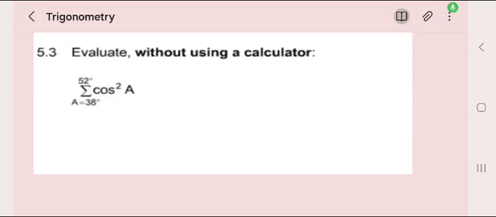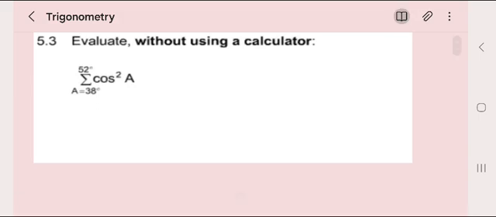Hello guys, we're given 5.3, which says evaluate without using a calculator the sum of cos squared a, where a goes from 38 degrees to 52 degrees.